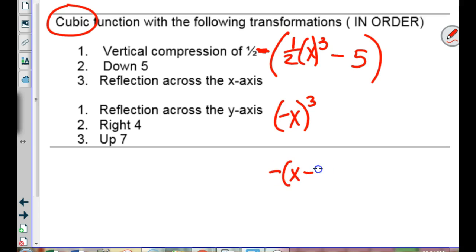And I think we'd have to do this. This one is, yeah, there's not one like this on the quiz. I should have skipped this one. And then up 7. Oh, right 4 should be minus. Yep, thanks. Yep, I don't want you to study on that one. That one's going to confuse you.